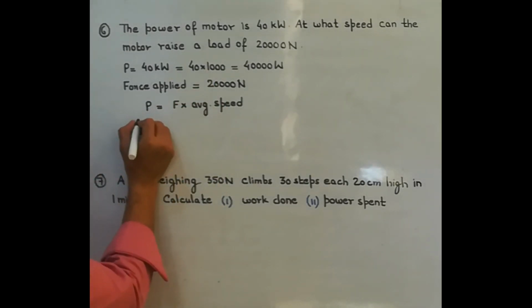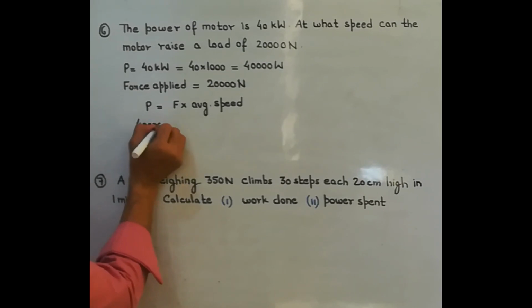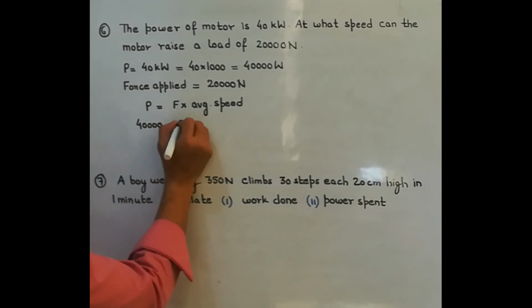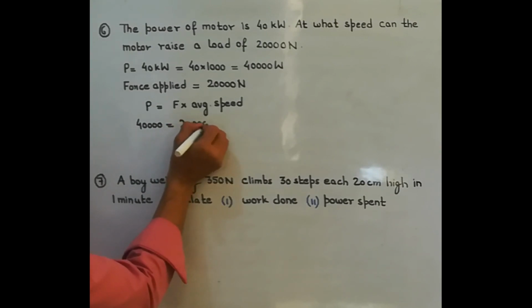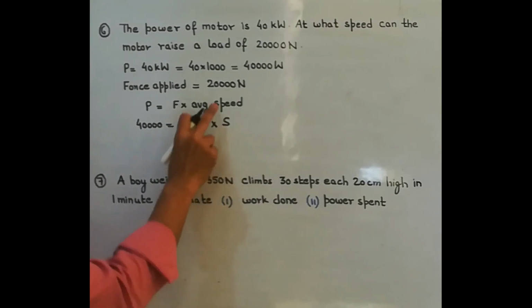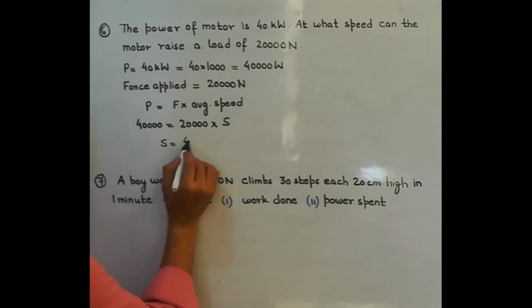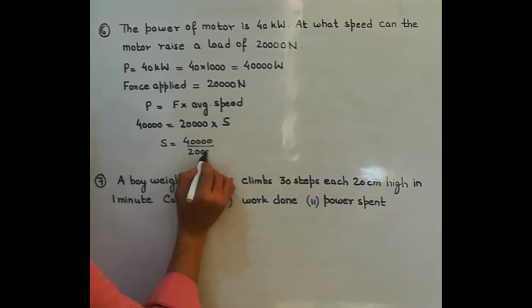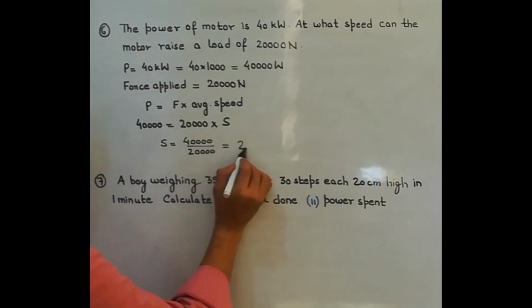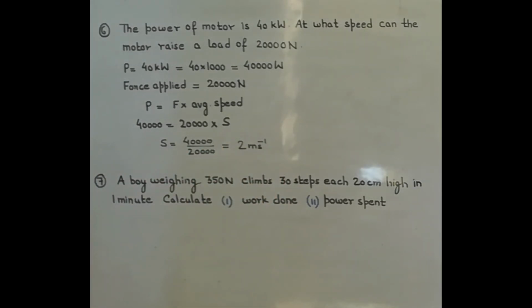Power is 40,000, force is 20,000, and they are asking for the speed. So what will be the speed here? So the speed of the motor, the speed at which the load is lifted, is 2 meters per second. So this is clear to you?